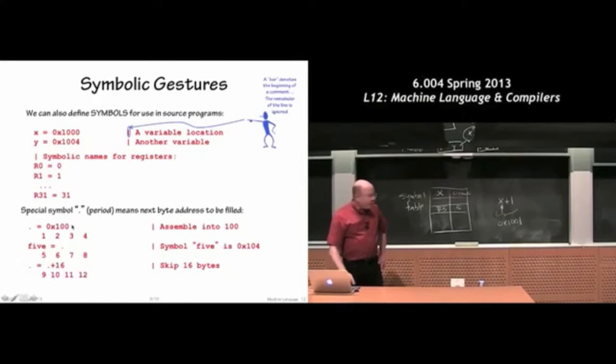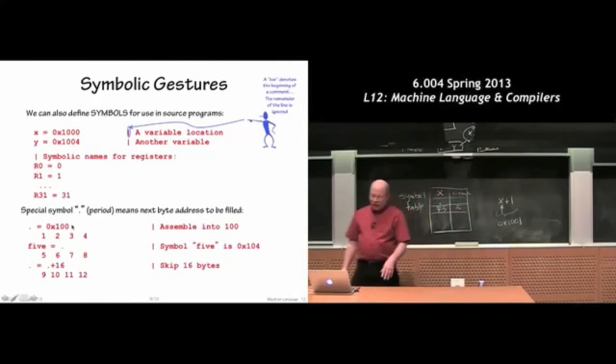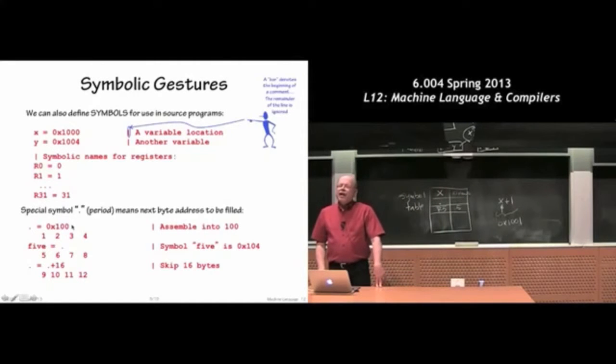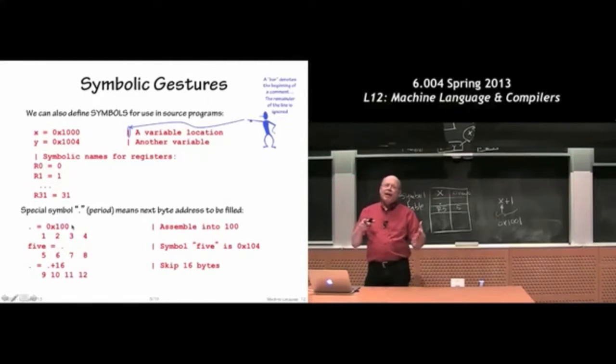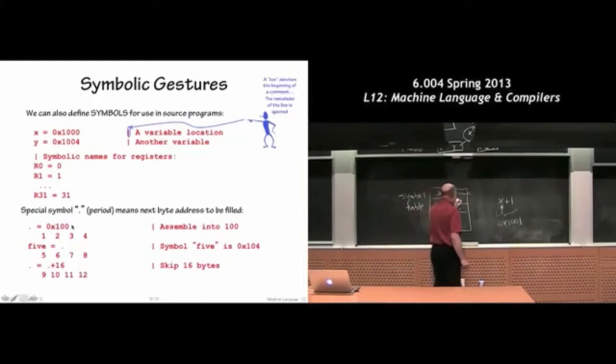Okay, we have a special symbol called dot. So one of the entries in the symbol table is a symbol that's spelled just with the letter period. And that represents the next location to be filled in memory by the assembler. So when you start running the assembler, dot is initially 0, and every time the assembler evaluates an expression and gets an 8-bit value and puts that value in memory, it puts it at the location pointed to by dot.